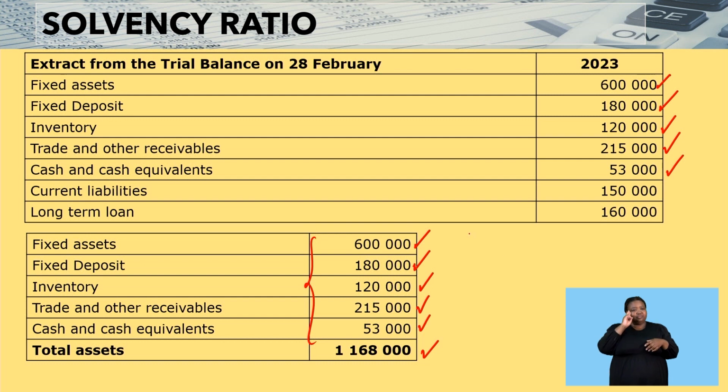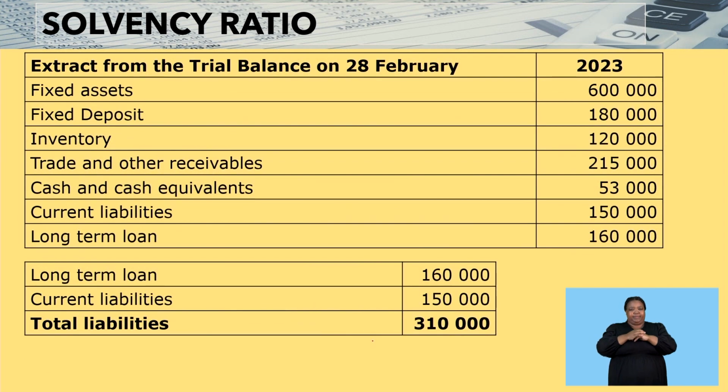Now remember, the solvency ratio is your total assets as to total liabilities. So far we have our total assets, which is 1,168,000. I now need to get my total liabilities. I have to get the non-current liabilities, that is the long-term loan, 160,000. Then I add my current liabilities, which is 150,000.